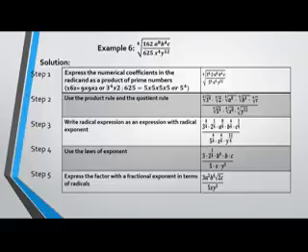So let's proceed to our step 4, which is to use the laws of exponent and simplify. So this will become 3 to the power of 1 times 2 to the power of 1/4 times a squared times b times c to the power of 1/4 all over 5 times x times y cubed. Our last step is to express the factor with a fractional exponent in terms of radicals.